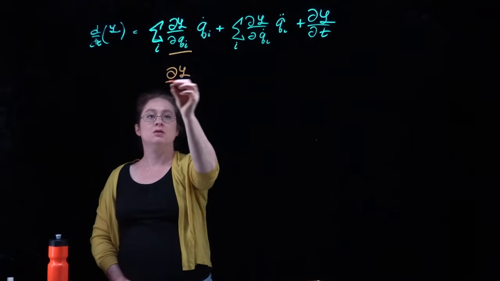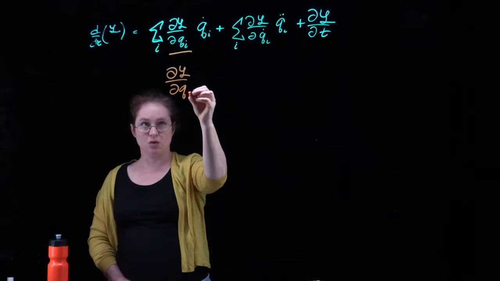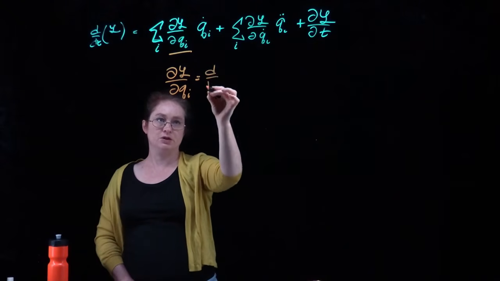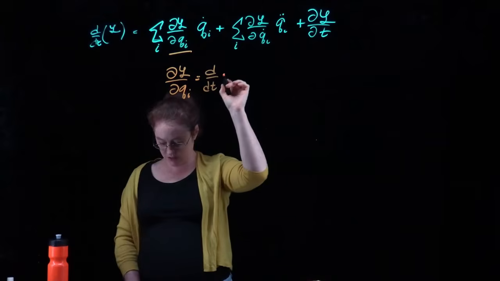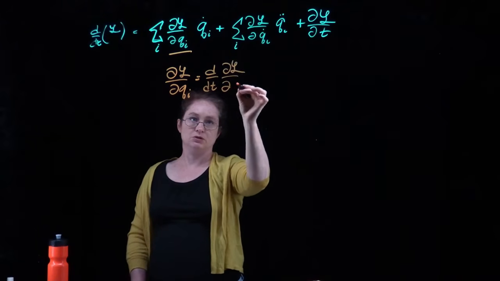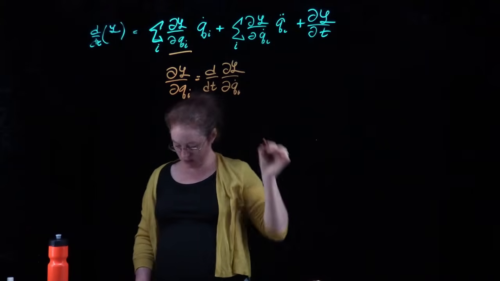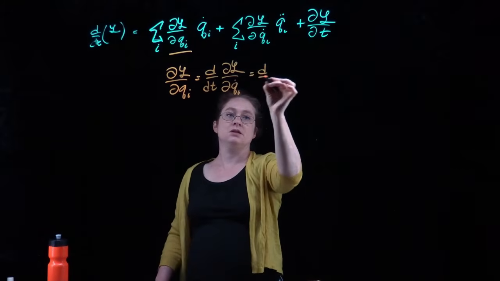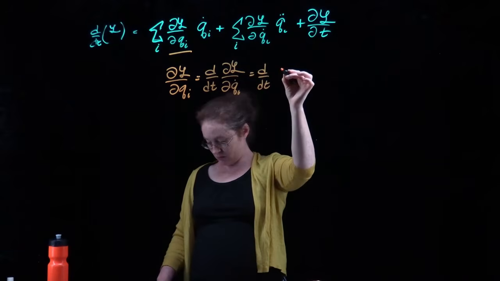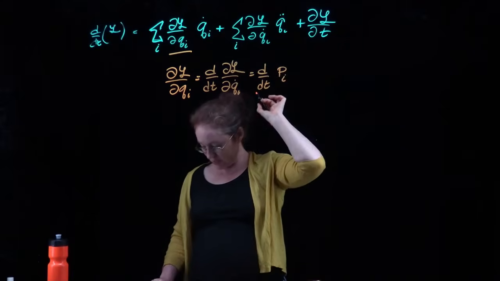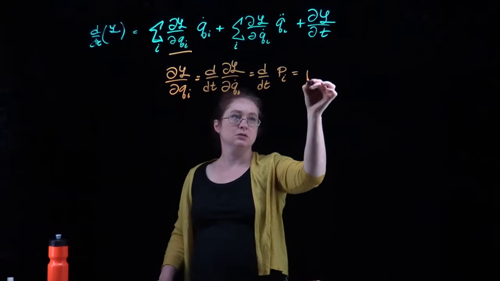Partial L, partial qi is, through the Euler-Lagrange equations, d dt of partial L, partial qi dot, which is d dt of the ith generalized momentum.